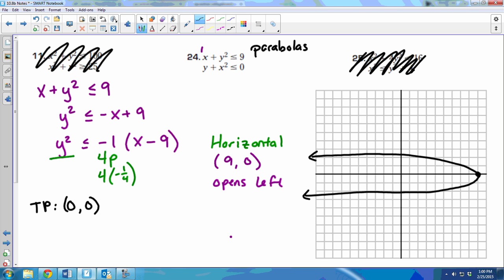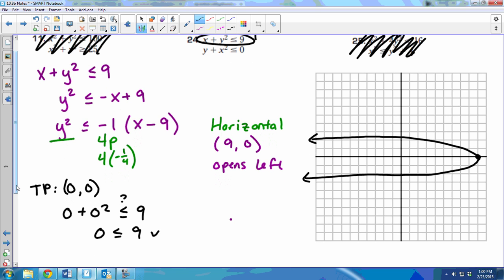Now, you can put it into whichever version of this equation you want. I'm going to go back to the beginning and put it in there. I don't care. So 0 plus 0 squared is less than or equal to 9. That is true. So that means I would be shading inside, where the 0, 0 is.